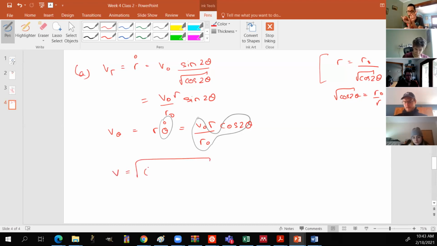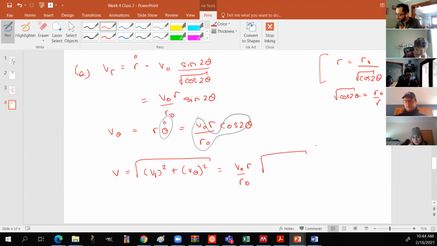All right, so then you can straight away say that our velocity, the magnitude, you have your two orthogonal components of VR and V theta, so just the square root of VR squared plus V theta squared. Plugging in from these two expressions, the constant V naught R over R naught gets pulled all the way outside your square root.